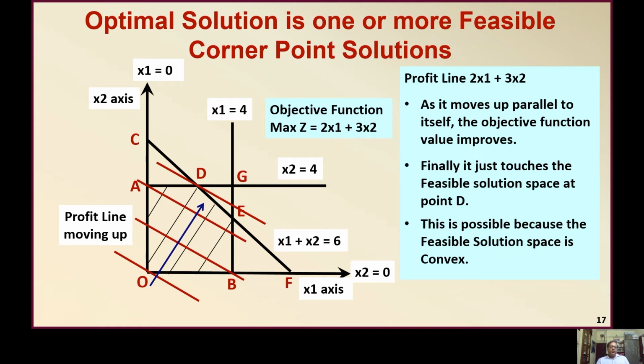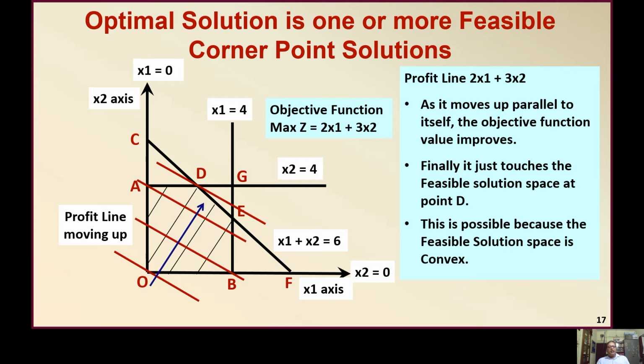That convexity is very important. Suppose it is concave, with that kind of shape, then you can still move further, isn't it? So this is not going to happen. It won't touch one single corner point when it moves out of the solution space. That means profit can be maximized when the profit line is touching one of the feasible corner points, right? So that is why in linear programming, the solution is found at one of the corner point feasible solutions.